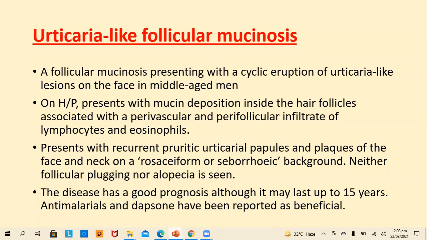Patients have recurrent pruritic, urticarial papules and plaques of face and neck on a rosaceiform or seborrheic background; neither follicular plugging nor alopecia is seen. The disease has a good prognosis, although it may last up to 15 years. Antimalarials and dapsone have been reported to be beneficial.